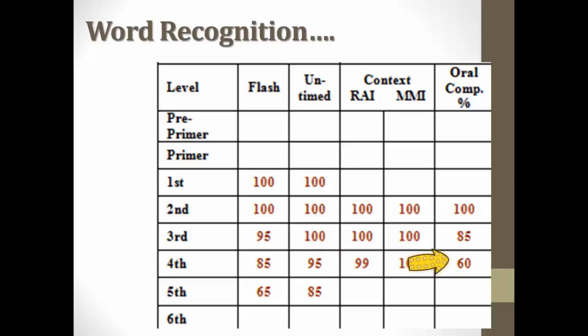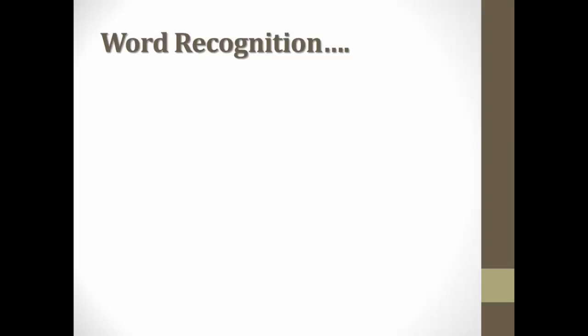Until we go to comprehension. And now we have a 60. And we're saying, with such strong contextual reading skills, there's something other than contextual reading that is causing that score of 60%. So, what can we conclude about word recognition?